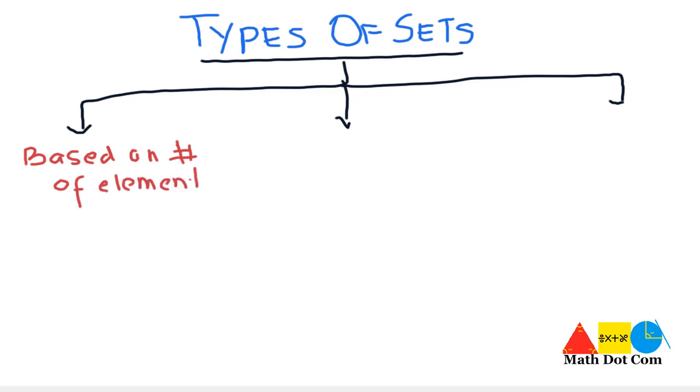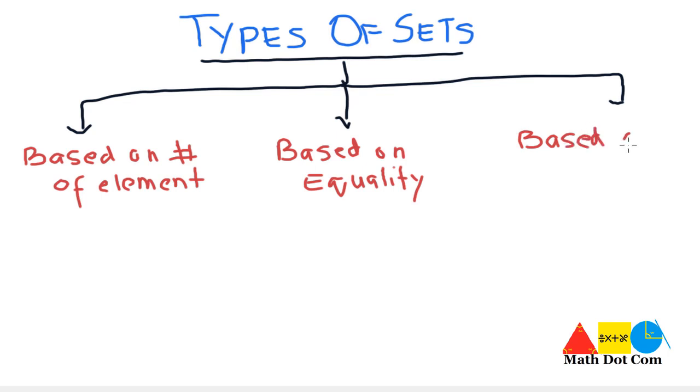The second category is the types of sets based on equality. We will discuss them one by one in detail. And the third is the types of sets based on membership.